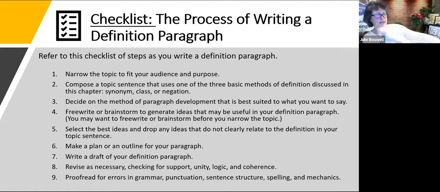Then make the full outline, the plan, write a draft of your definition paragraph, revise as necessary, checking for support, details that support it, for unity, everything in there makes sense and supports that one idea, for logic and coherence, like it flows. Then proofread for errors in grammar, punctuation, sentence structure, spelling, and mechanics.